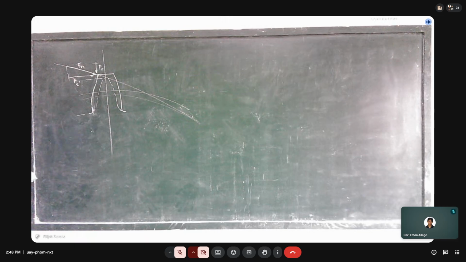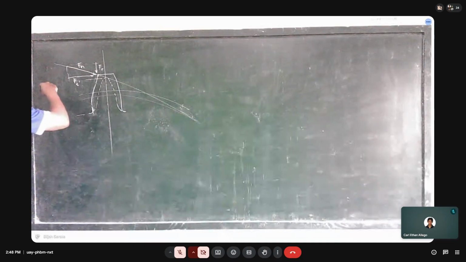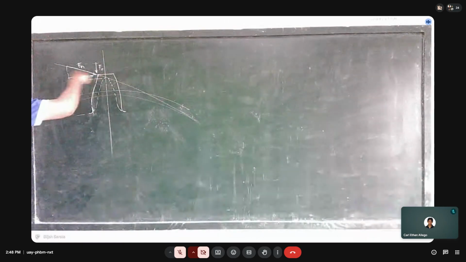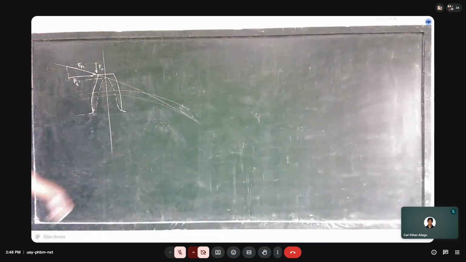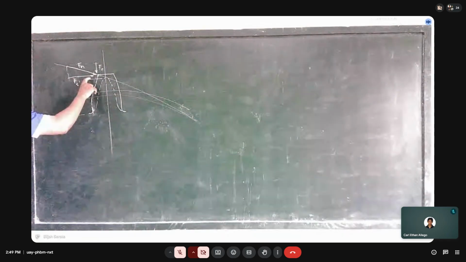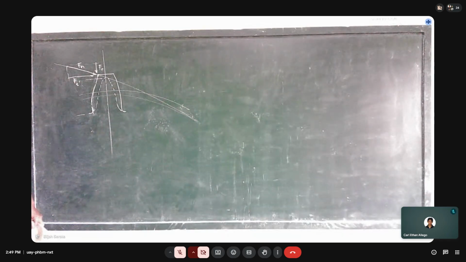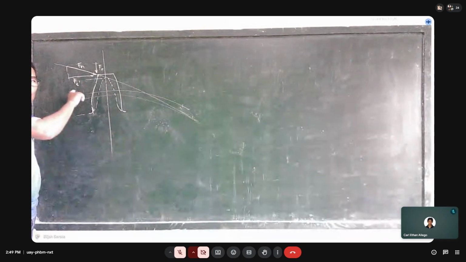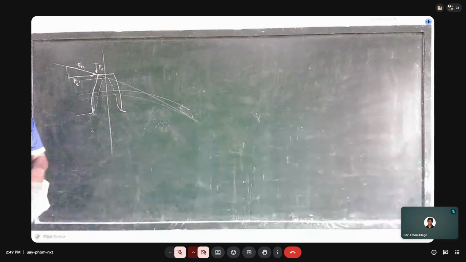So what does it mean? The total force is the normal, and you break it into two components. One is tangent in direction. The other is towards the center. So this one is the most important force that is pushing the gear to rotate.